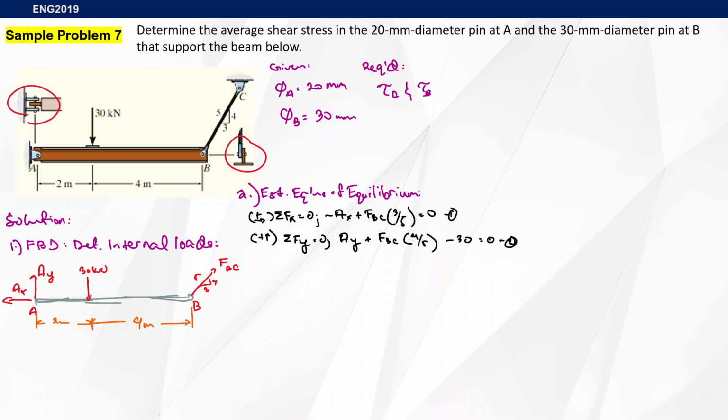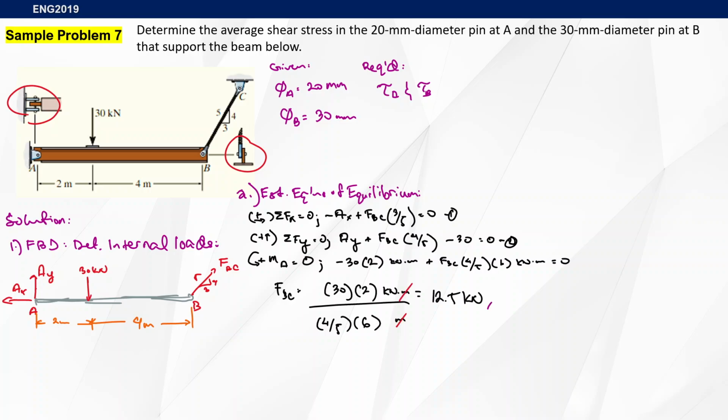So my only choice here is to take moment at point A. That's going to be negative 30 times 2 meters plus FBC times 4 over 5 times 6 kilonewton meter, and we will have FBC equals 12.5 kilonewtons. From there, we can get AY and AX respectively. AY here is going to be 20 kilonewtons, and AX here is going to be 7.5 kilonewtons.